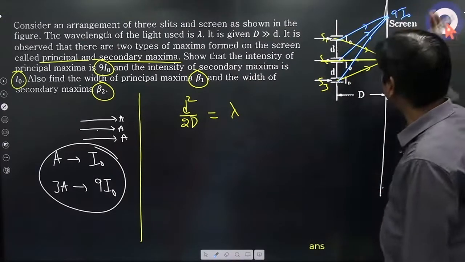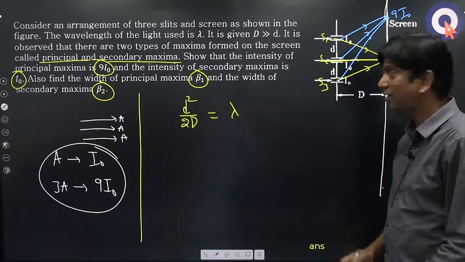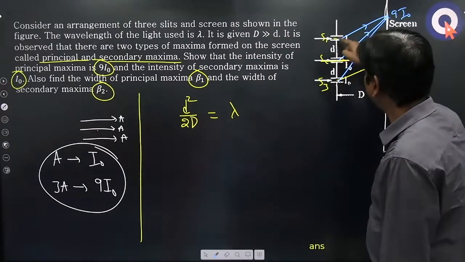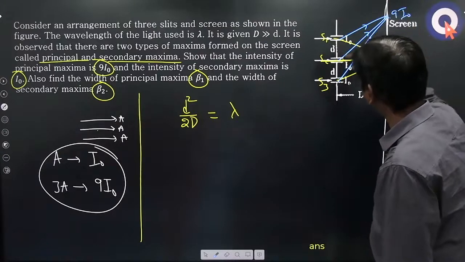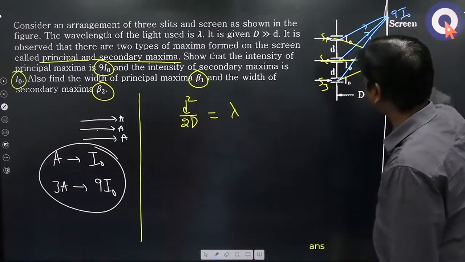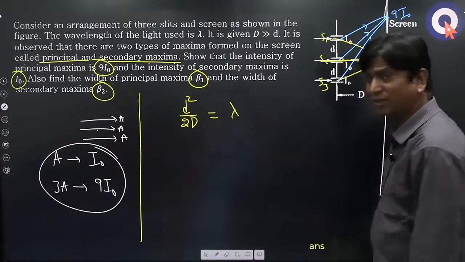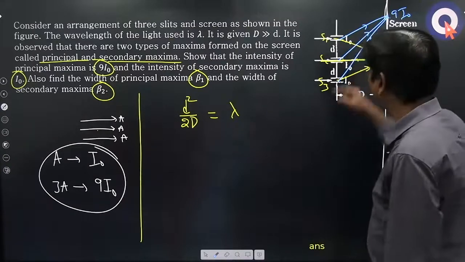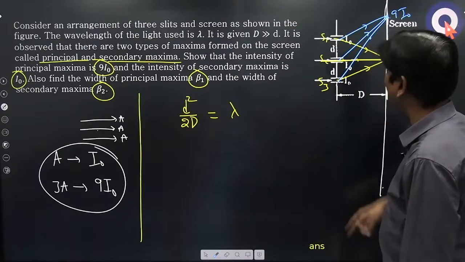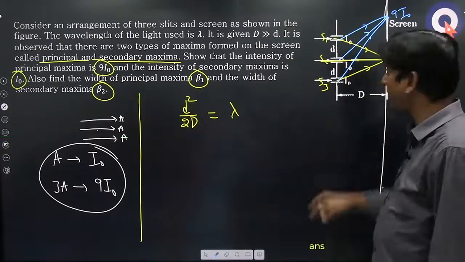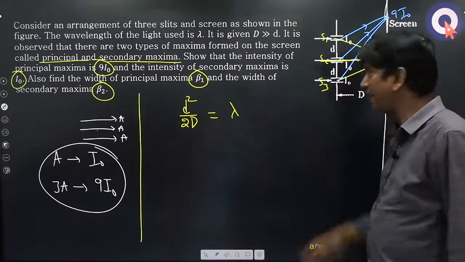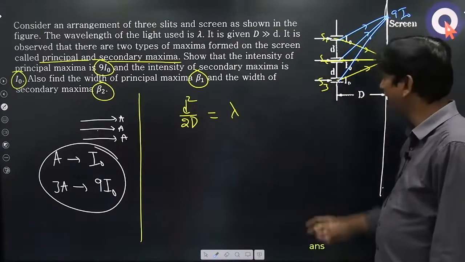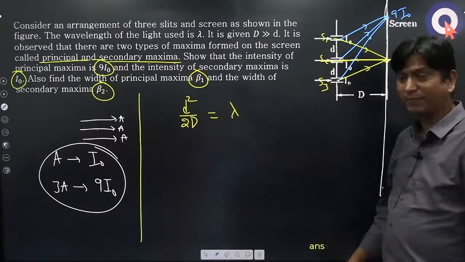So these 3 together will form a 9 I naught. First these 2 should interfere constructively, and when these 2 are interfering constructively, automatically these 2 also will interfere constructively, because whatever the path difference you get between S1 and S2, the same path difference you get between S2 and S3. Why? Because this is d, this is also d, and d is very much less compared to capital D, right or not?